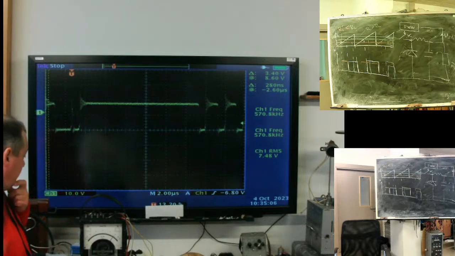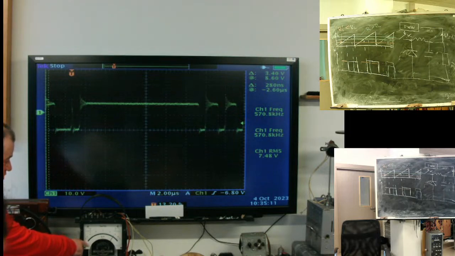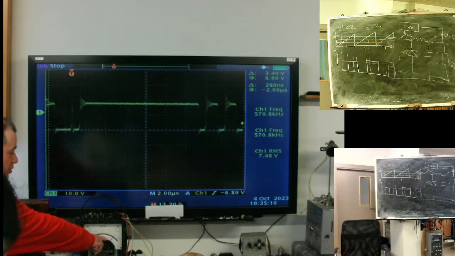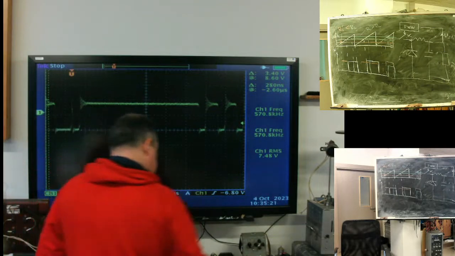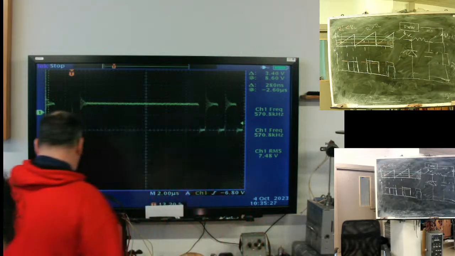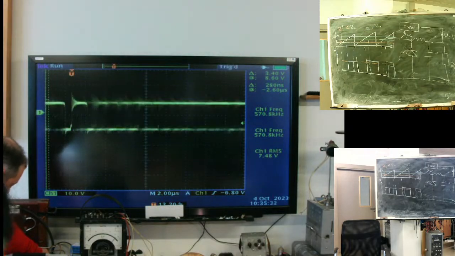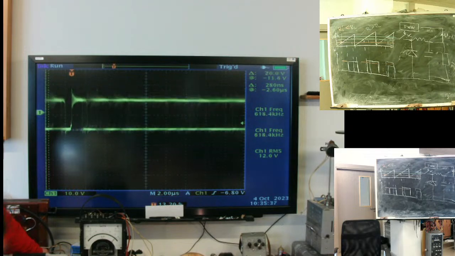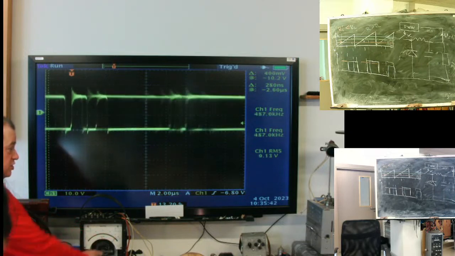Same area. I can change voltage in a broad range and power remains the same. I'm changing primary voltage, and the power, 25 watts, does not change.